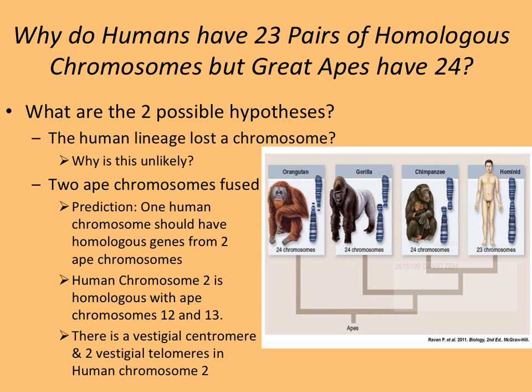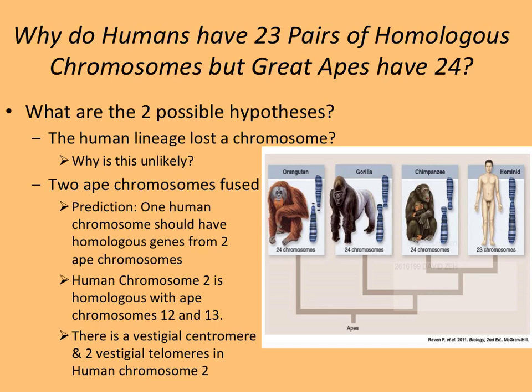So it looks like what actually happened was that there were two chromosomes that great apes have, 12 and 13, and they fused end to end. And you can actually look at the genome. One human chromosome should have homologous genes from two ape chromosomes. And this is exactly what we find.